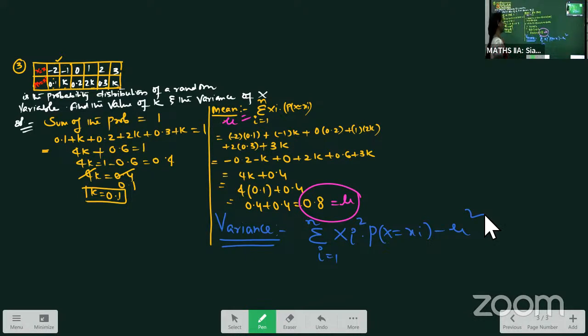So now what to do? xi square means now we have to square this one. First one square it into this, plus square into this, plus again square into this, plus square of this, and square of this.